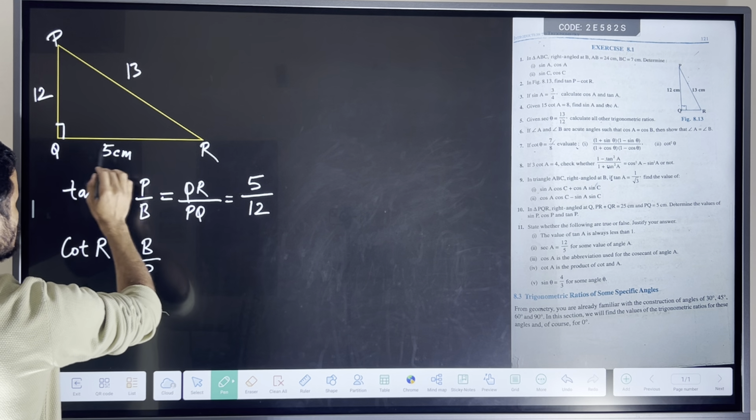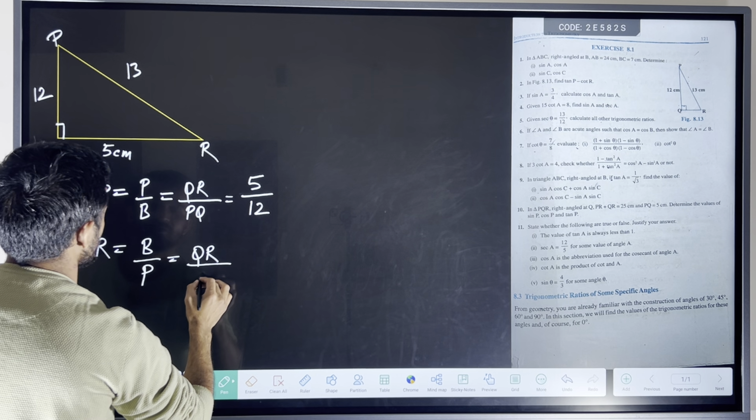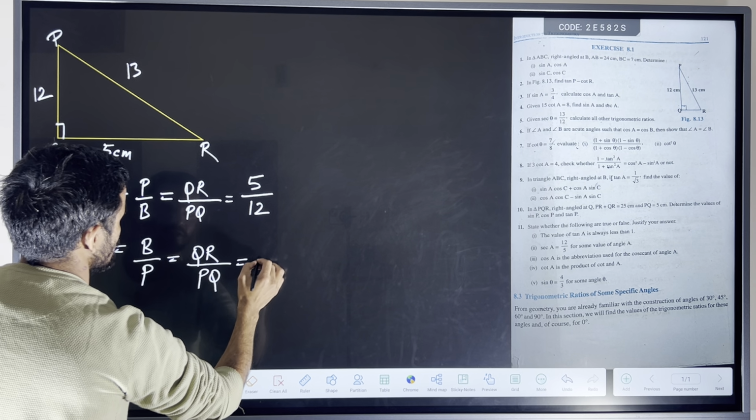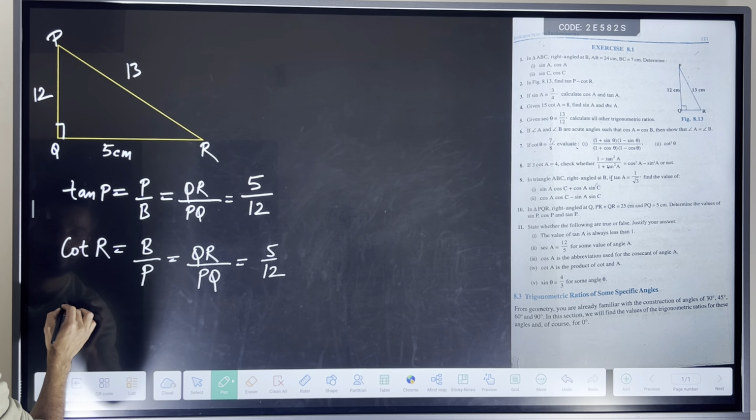For this, base is QR and perpendicular is PQ. Again it is 5 upon 12. Now tan P minus cot R is equal to 5 upon 12 minus 5 upon 12, that is equal to 0. So we have solved question number 2 also.